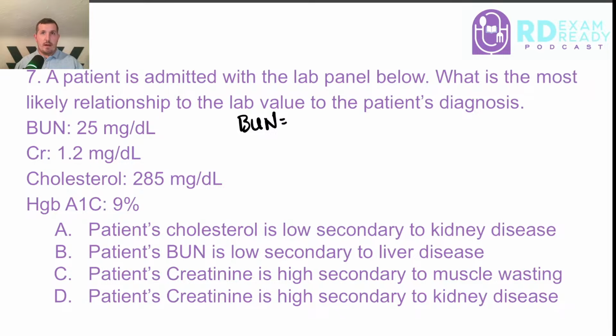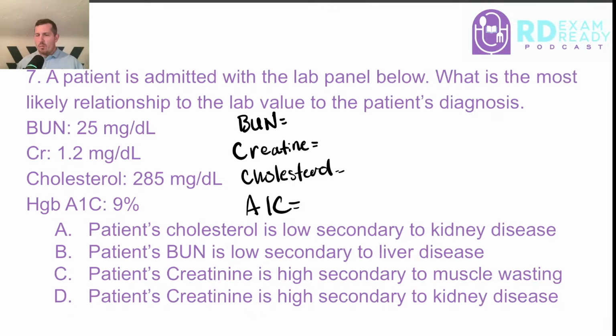So for those of you that are wrapped up with the question, tell me, is their BUN high? Is their creatinine high, low, or normal? Is their cholesterol high, low, or normal? And is their A1C high, low, or normal? What do you all have for these labs right here?